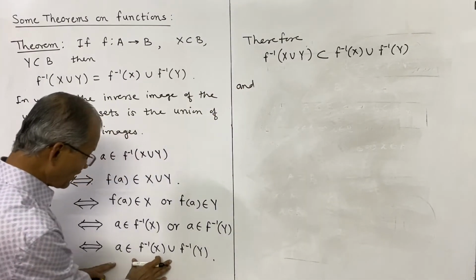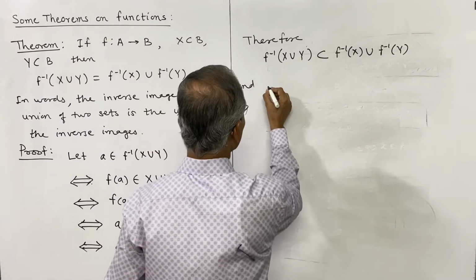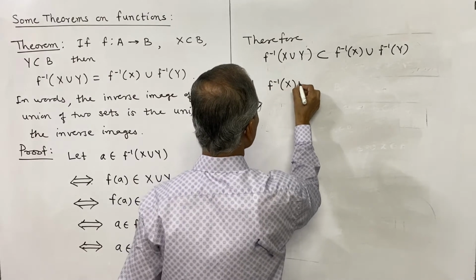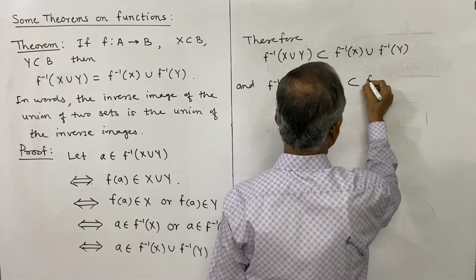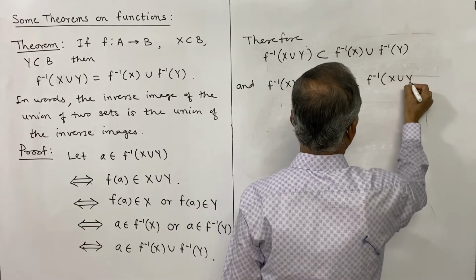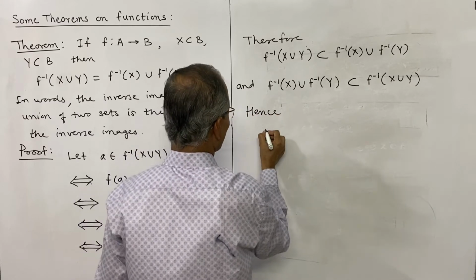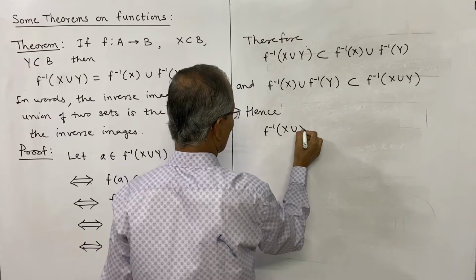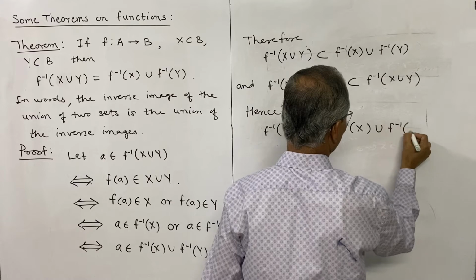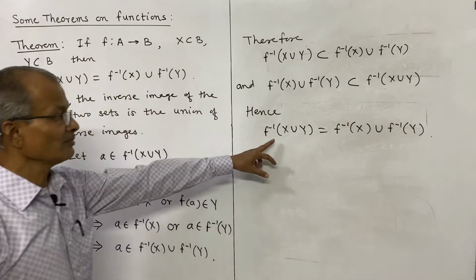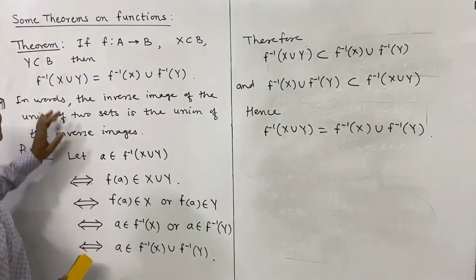That means if A belongs to this, that implies A belongs to the first set, means the last set written, f inverse X union f inverse Y, is a subset of f inverse of X union Y. Hence these two are equal. Hence f inverse of X union Y is equal to f inverse of X union f inverse of Y, that means the inverse image of the union of two sets is equal to the union of their inverse images. So this proves the theorem.